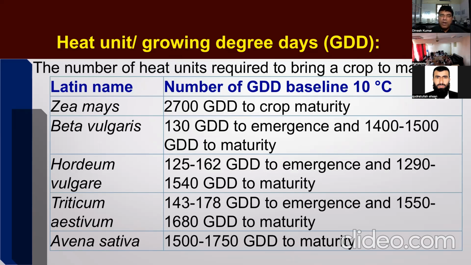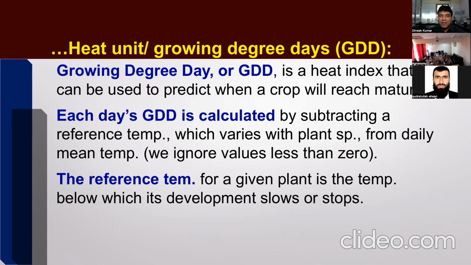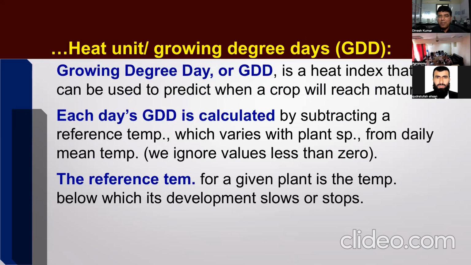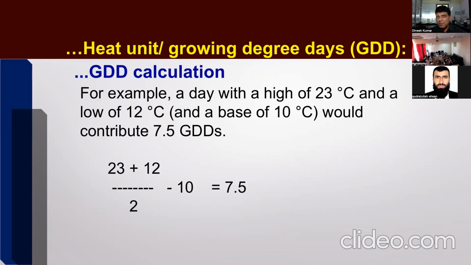Then what will be the duration? You can easily calculate it. It may not be for maize actually, it may be for wheat. So you can calculate the duration. It is getting 7.5 in one day, so you can divide 2700 by 7.5. You will get the duration of the crop. Is it okay?